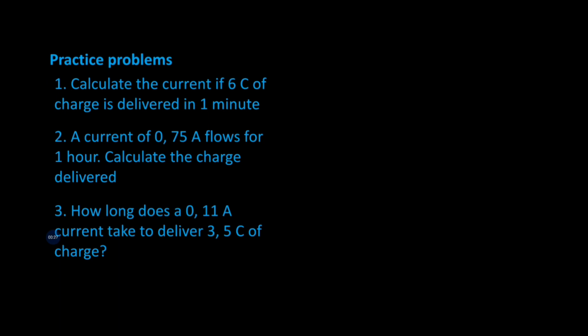Problem number 1. Calculate the current if 6 coulombs of charge is delivered in 1 minute. Problem number 2. A current of 0.75 amps flows for 1 hour. Calculate the charge delivered. Problem number 3.